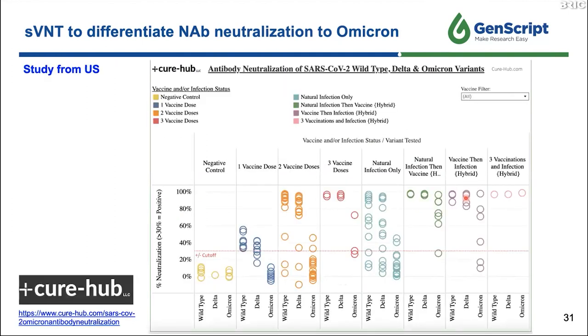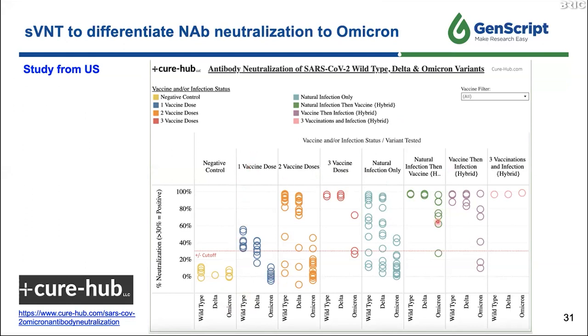So here I would like to also share a study from the US that is using the Omicron variant with the SVNT. In this study, they also investigated the response of vaccinated samples against the wild type, Delta, and Omicron. The vaccinated sample in this study is a mixture of the mRNA vaccine and also the Johnson & Johnson vaccine.